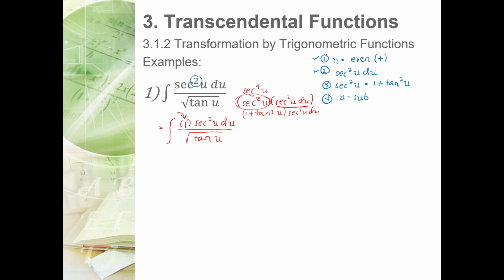But in this case, since we only have one constant left in the numerator, and there's no other way to replace with the third step, we can skip this process and go immediately to the fourth step, the u sub technique.